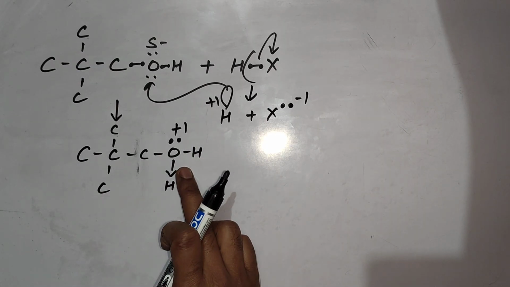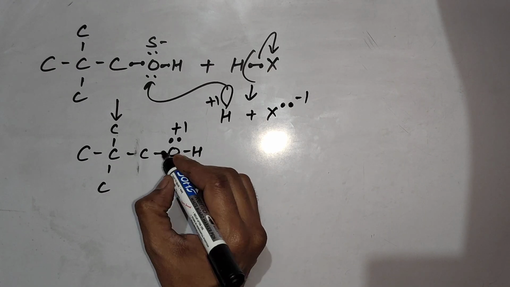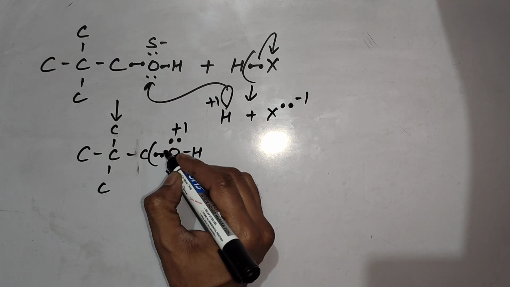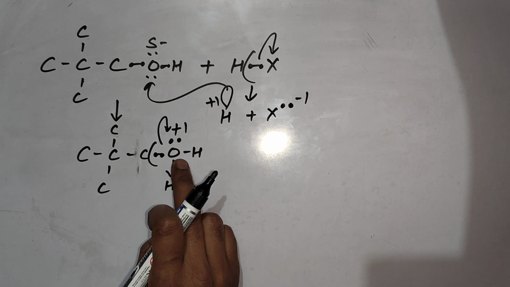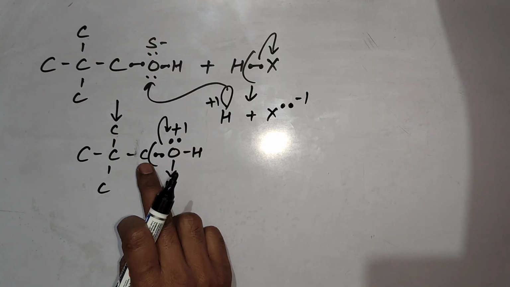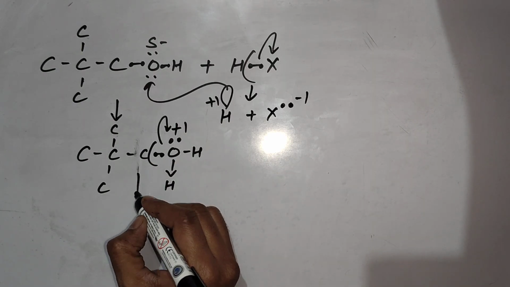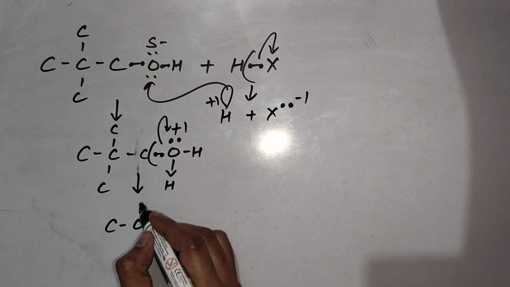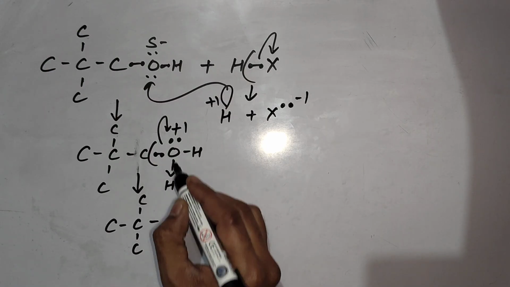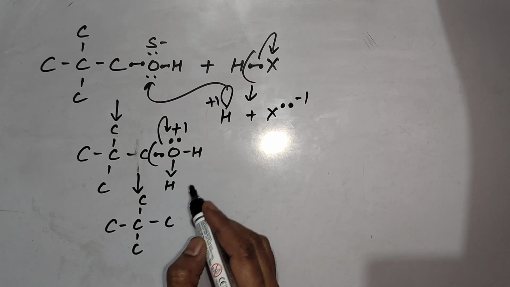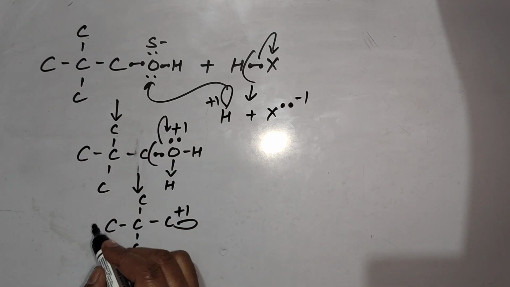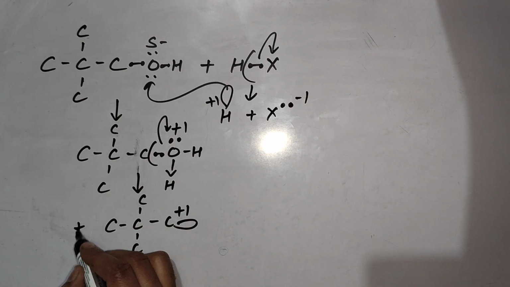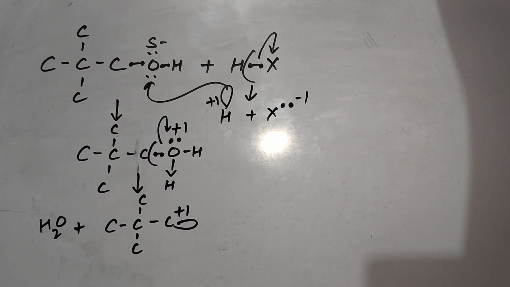Now in this condition, the oxygen is highly unstable. So what will it do? It will break the bond from carbon, and both electrons will go toward oxygen because oxygen is more electronegative than carbon, so it has more power to attract electrons. Because this carbon is losing its electron, it will carry a +1 charge with a vacant orbital, and this H2O will release out as a stable product.